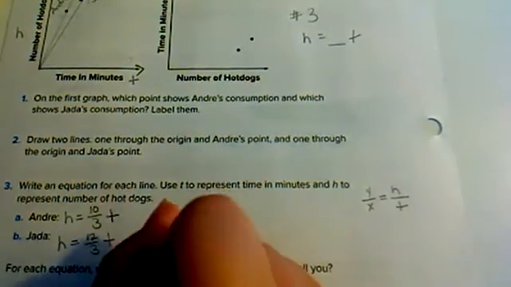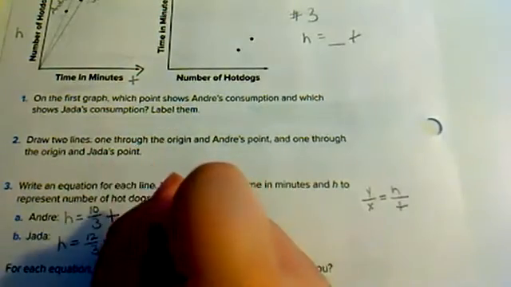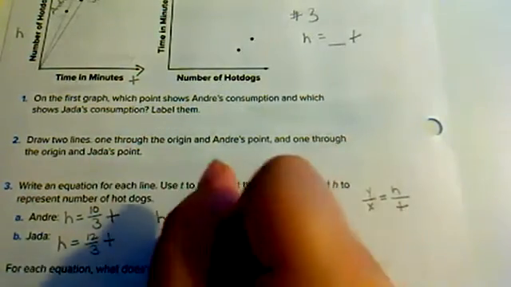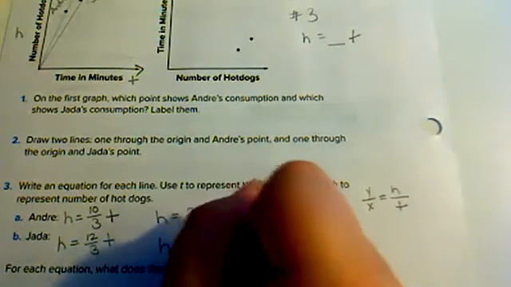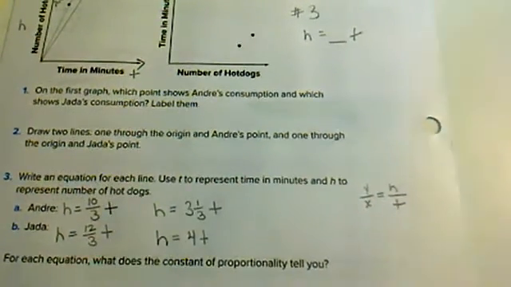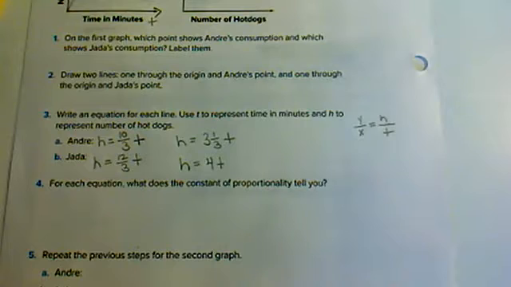And you could even simplify hers down to h equals 4t... And we can simplify Andre's as 3 1/3 t. So for each of these equations, what does the constant of proportionality tell us? What is that constant rate showing us? It's showing us how quickly they can eat hot dogs per minute.